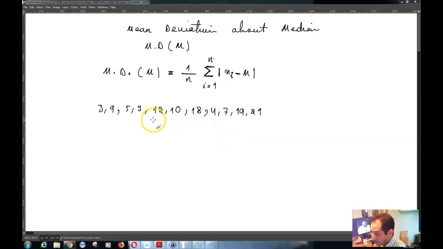To write the numbers in ascending order, you have two 3s here: 3, 3. And then you have 4 and 5. Then you have 7, 9, and 10.